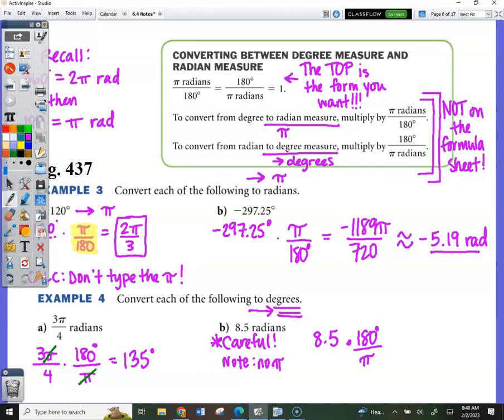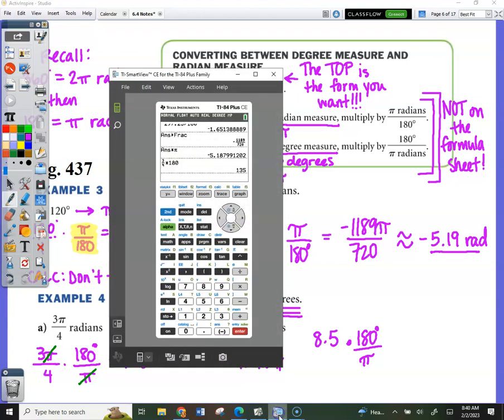Go to your calculator. Since there is no pi in the 8.5, the pi does not cancel this time because it got multiplied into that 8.5 at some point. So 8.5 times alpha y equals 180 over pi, and you get 487 degrees.